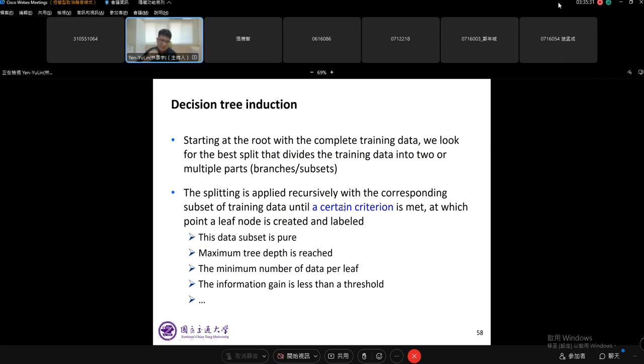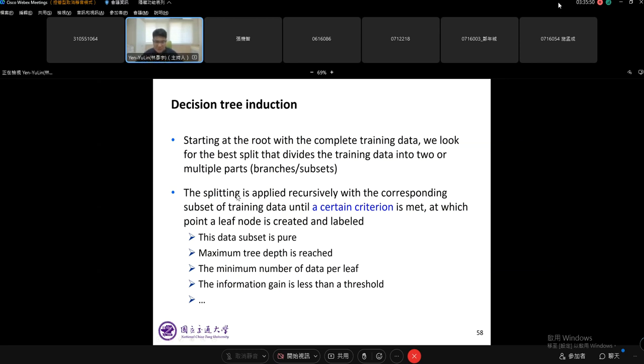The statement describes that the splitting function is recursively applied because in each decision node, we need to split the data set into several subsets to yield the corresponding branch.